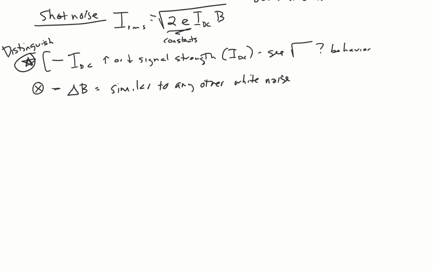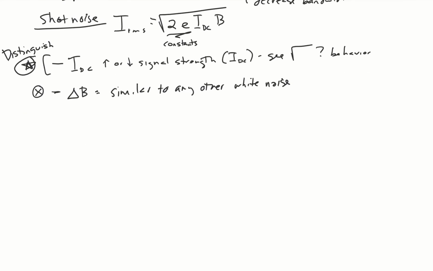If you want to prevent or reduce, I guess with all of these experiments, you can't entirely prevent these noise sources. Really there's not many options for shot noise to try to prevent or reduce it. You can try to decrease your average signal strength, but that's not always an option.